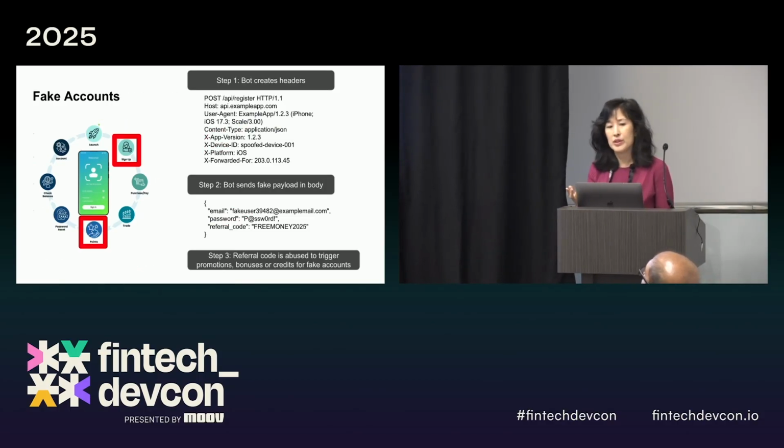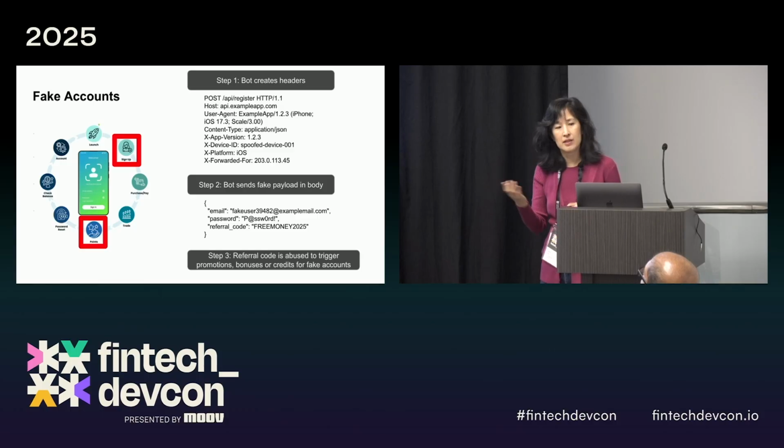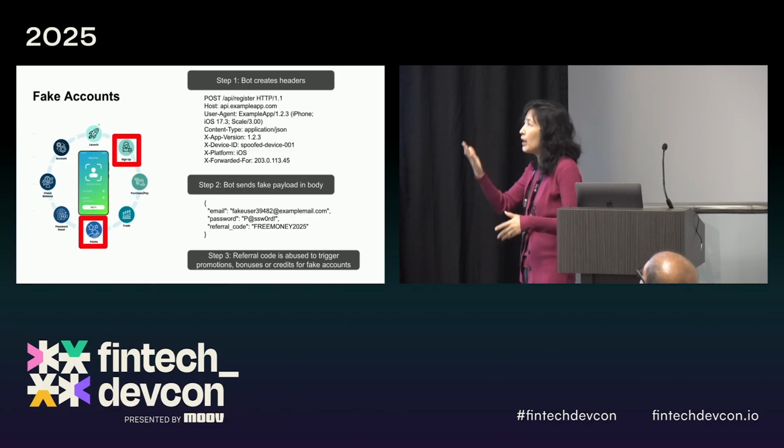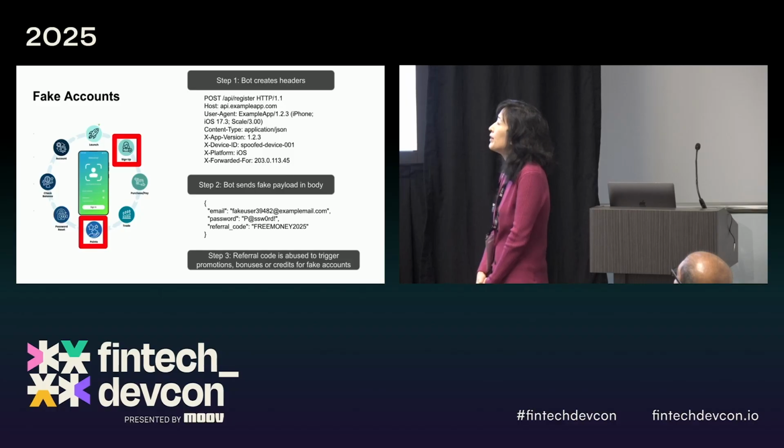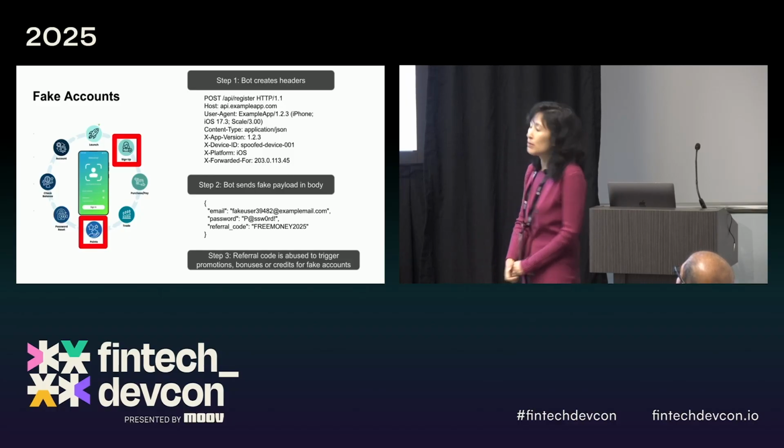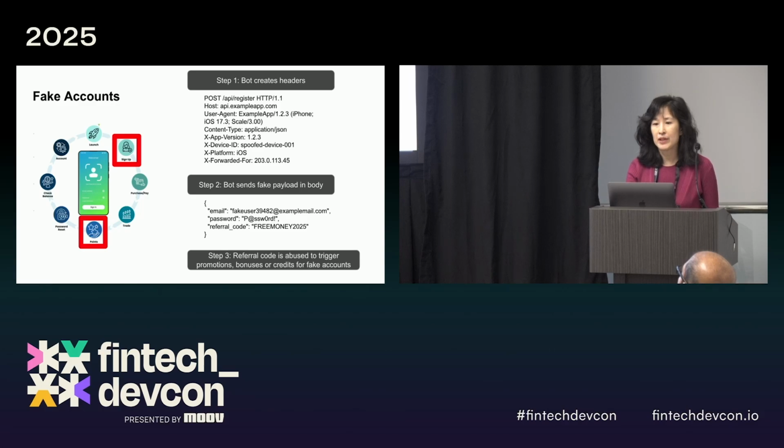So let me go into fake accounts, because this is a problem that I have seen more often recently. What the hackers or fraudsters will do is create bots, and these bots create headers where one part of the information in the header is spoofed. So the device ID is being spoofed.